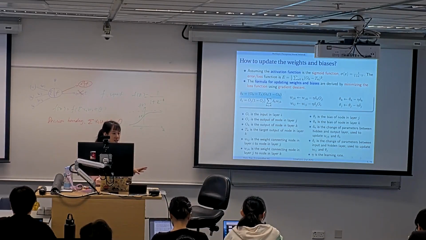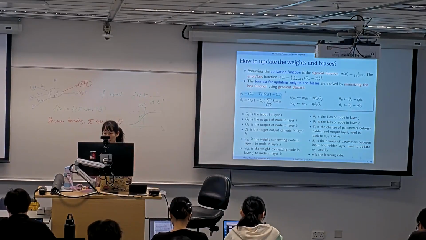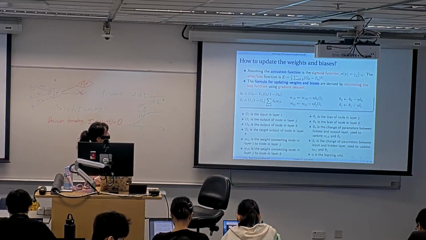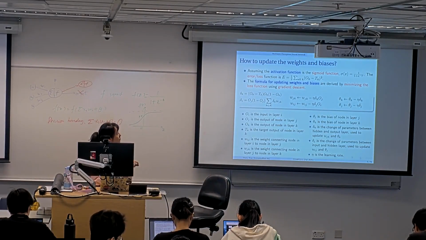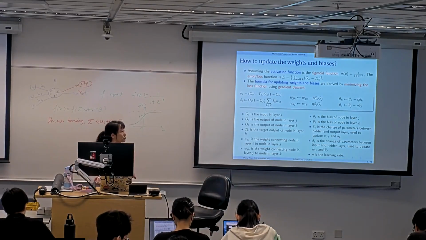We are not finished yet because we still have other parameters, the parameters between the input and hidden layer. Next, we need to compute delta j. Delta j is computed by OJ, the hidden layer's output, times 1 minus OJ, then times the sum of delta k times Wjk. And if you look at delta j, you will find that in order to compute delta j, you first need to know delta k, because delta j is computed according to delta k's value.